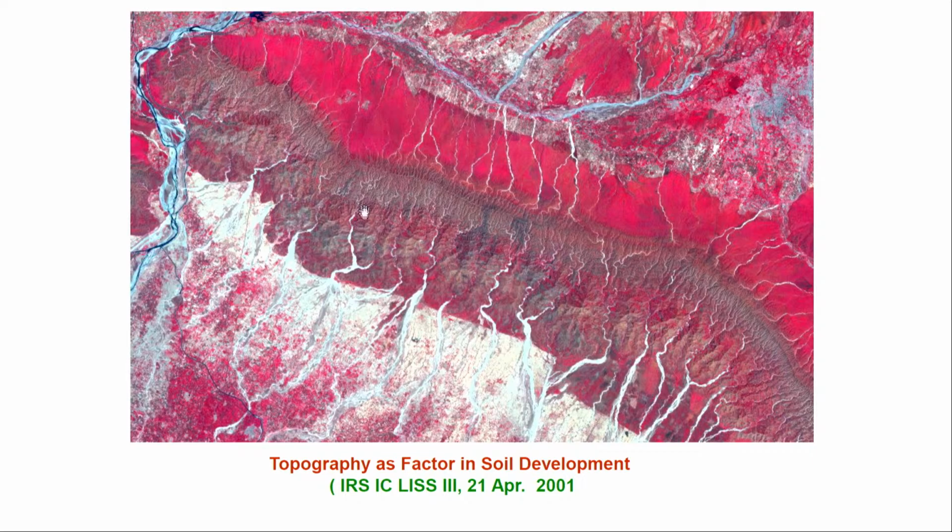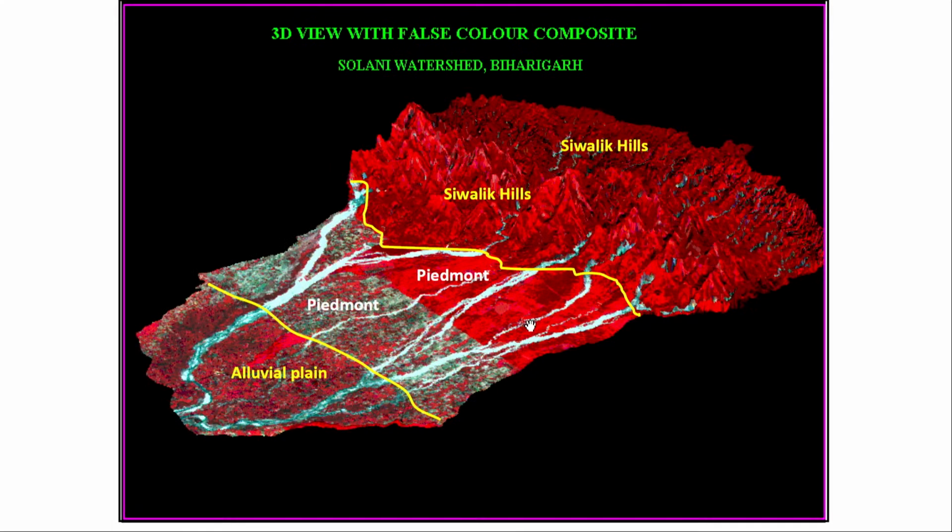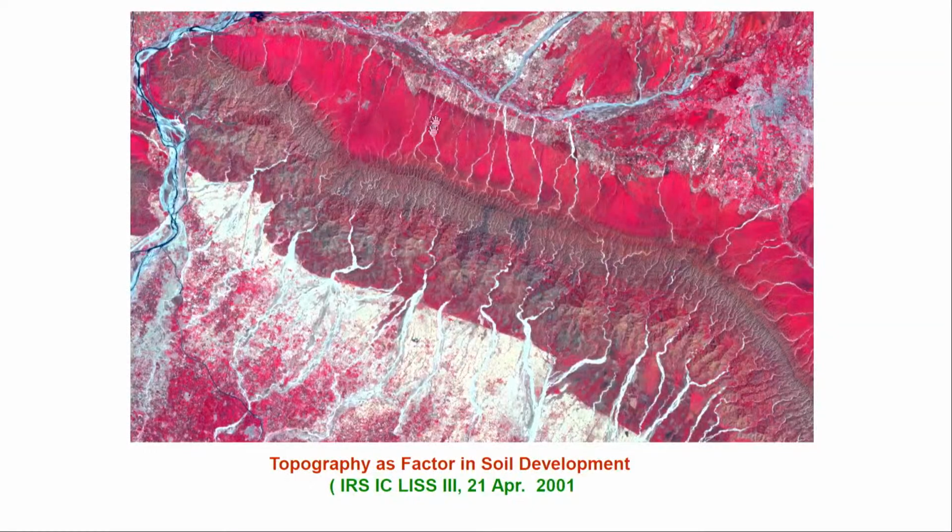Where you see the drainage meeting at two places, you can say the slope is changing from this point. So slope can also be interpreted from remote sensing data, or you can interpret it with elevation data or using your contour map.